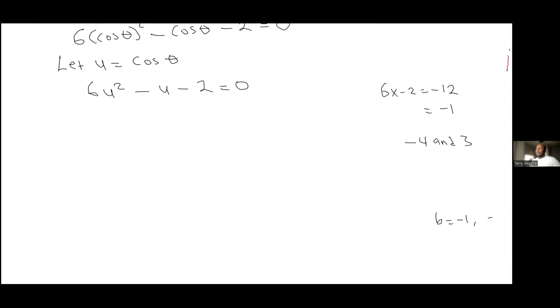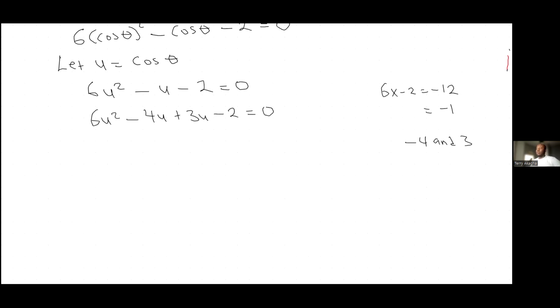So here we're going to have 6u squared, then minus 4u. Okay, 6u squared minus 4u plus 3u minus 2 is equal to what? 0. Now, what is common between both of them? We have to then factorize.